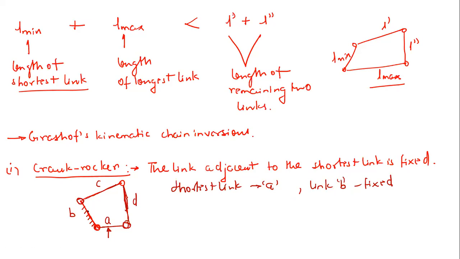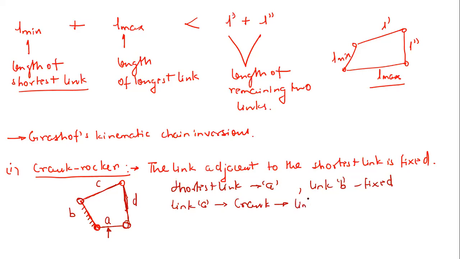So in such a case, what happens? In such cases, we obtain a mechanism which is called a crank rocker mechanism, right? So what is a crank rocker mechanism? This is very important. Many times you might have heard this word crank. So when we call a link a crank, here in this case, link A acts as a crank. So what do you mean by a crank?